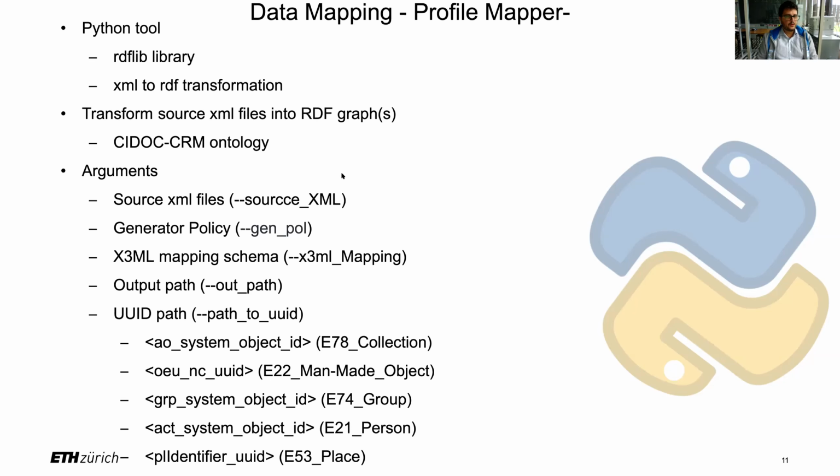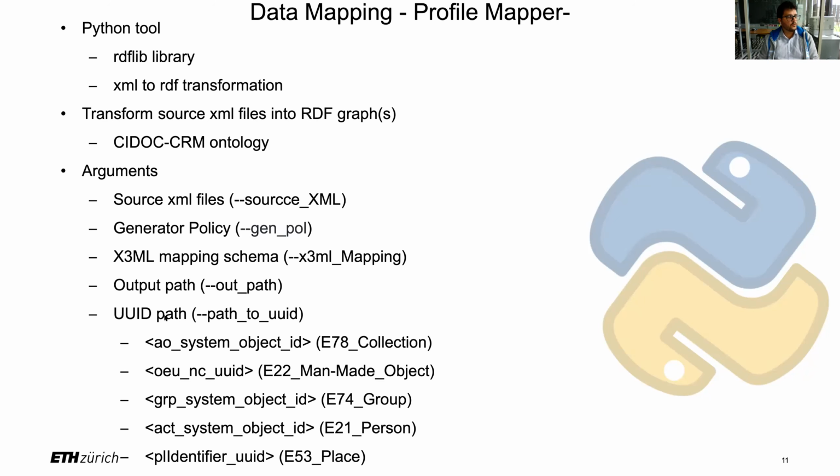As arguments, it takes the source XML files, basically the folder where all the harmonized XML are stored, then the generator policy meant to create the RDF URIs according to our mapping, the XML mapping schema, so the main mapping schema implemented in 3M, and the output path where you can save the resulting RDF file.